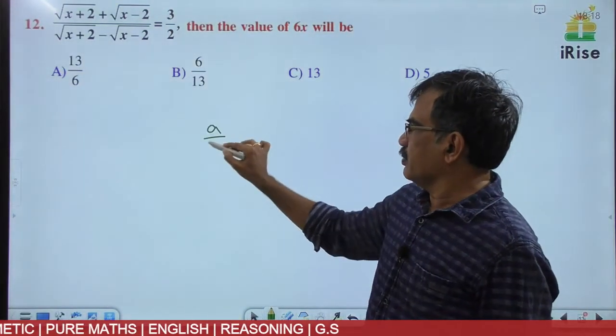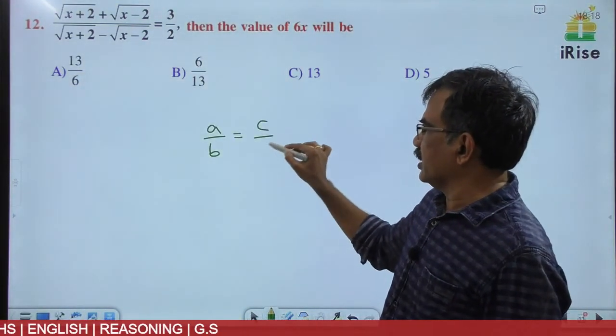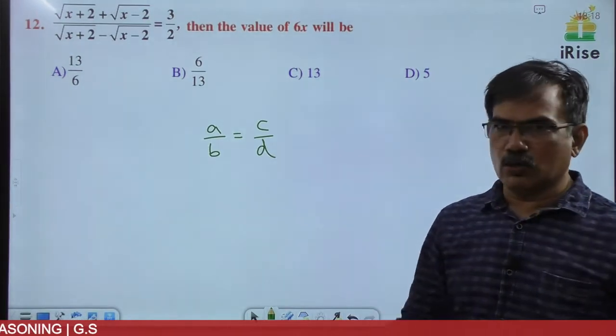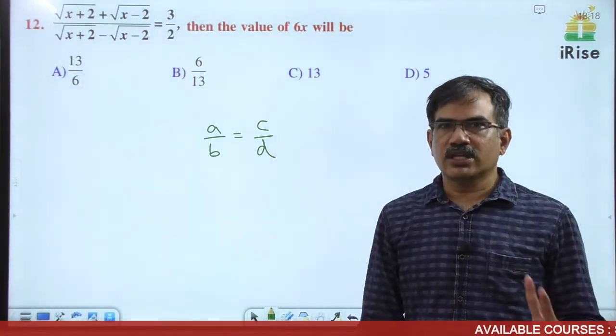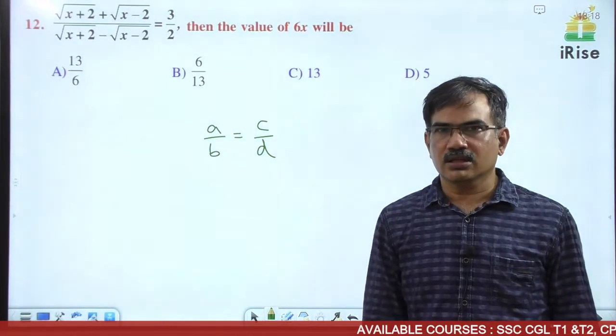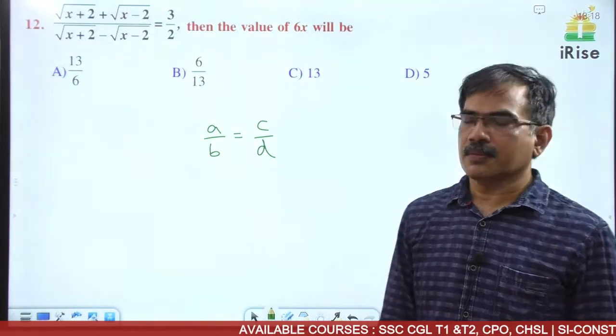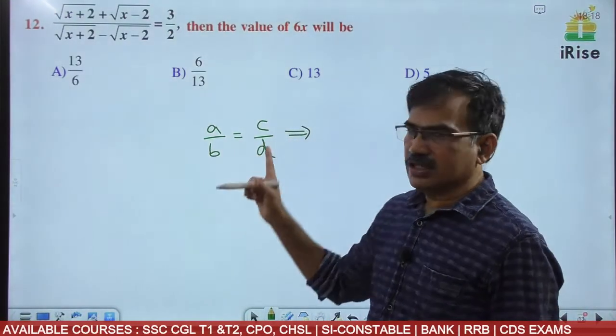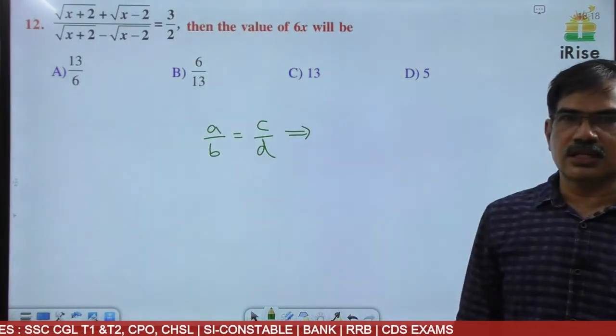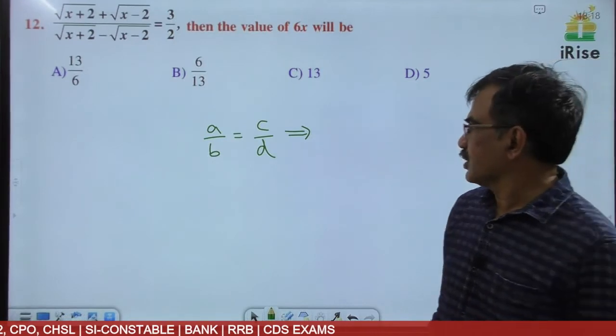If a by b is equal to c by d, if two ratios are equal, means they are in proportion. If this condition is given, actually a number of conditions are there in ratio and proportions.